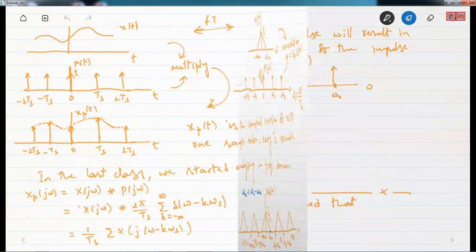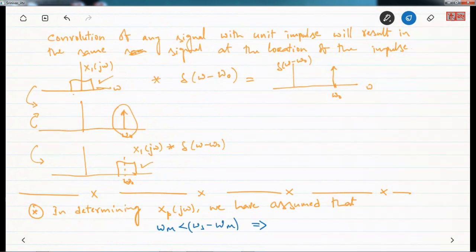So this implies that omega m is less than 2 omega s. So we are assuming this and we are going forward. Assuming this, we derived xp of j omega. Now, right? So we are close to defining the sampling theorem.